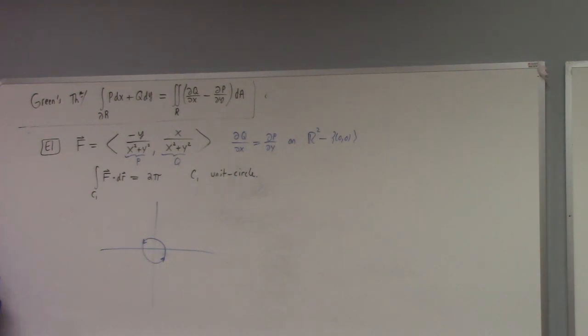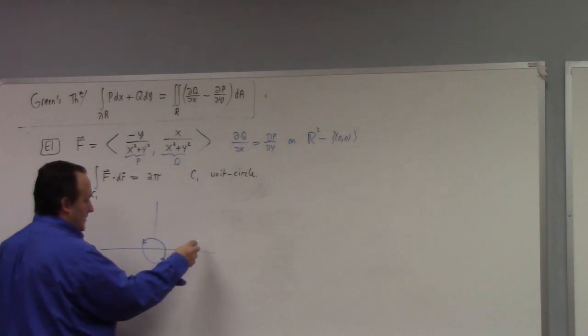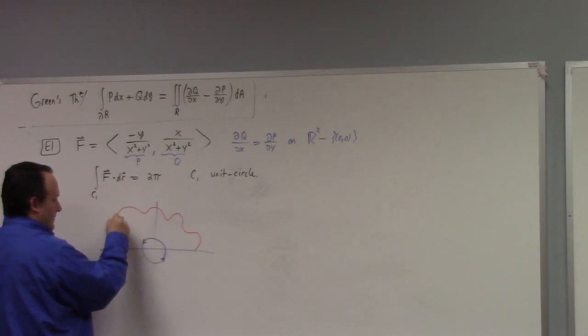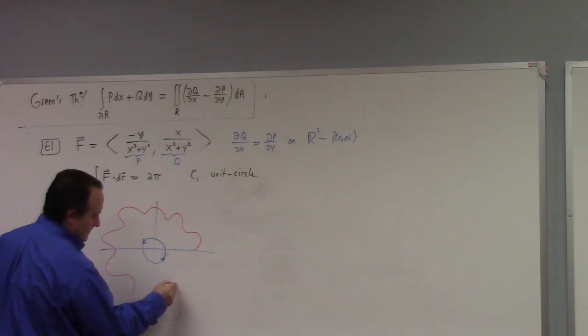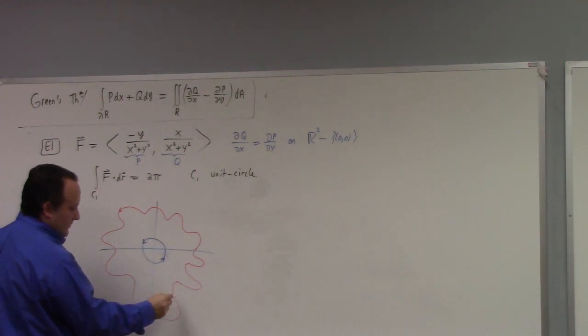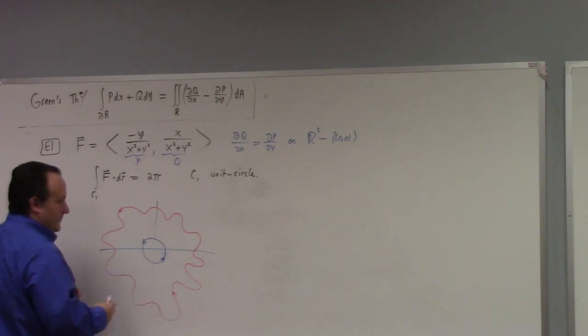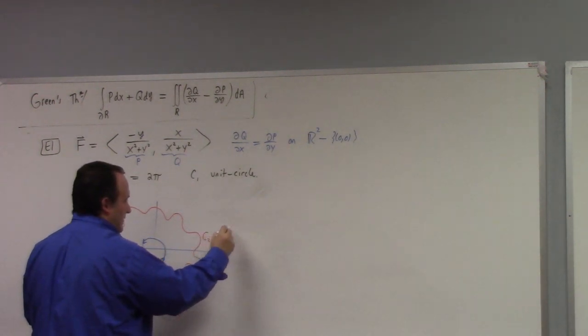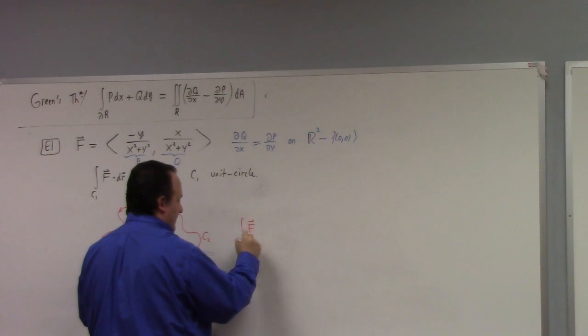There's my unit circle, right? Consider this. I could take a curve like this, also counterclockwise oriented. If that was C2, what's the integral of f, the same f, along C2?